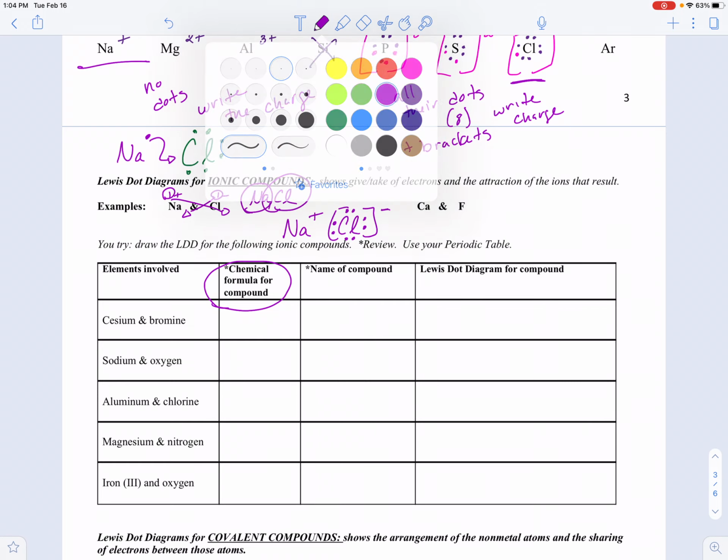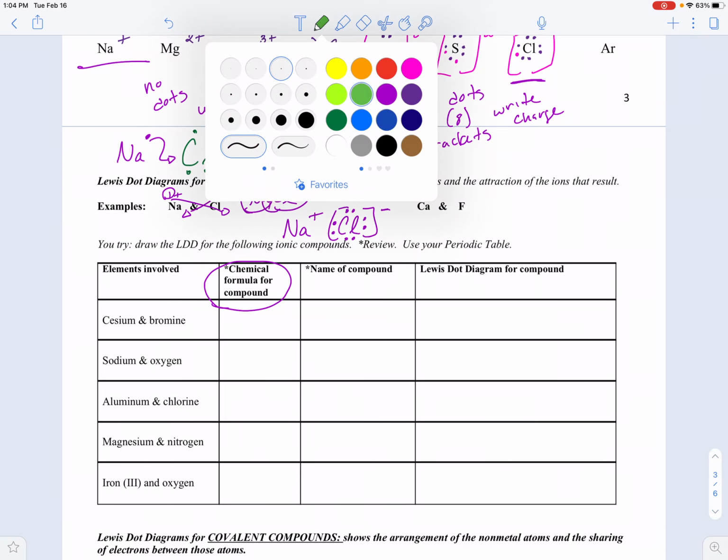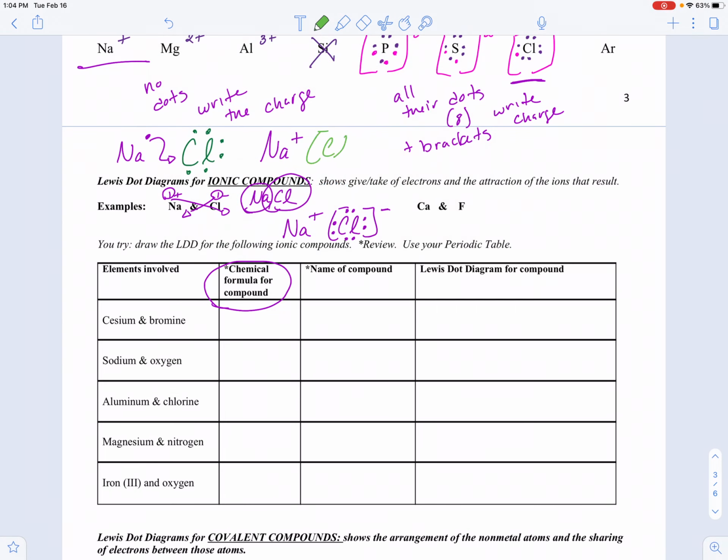So now sodium has no dots, and chlorine has taken that dot and now has a negative charge. Right? So it gives us an idea of what has happened to our valence electrons. All right, I'm going to do another one. It's a little bit different, so it'll be a good one to pay attention to.